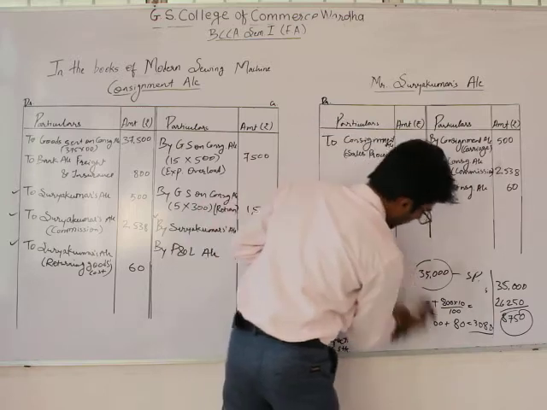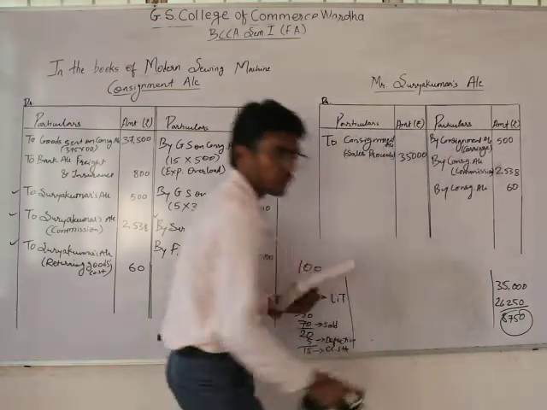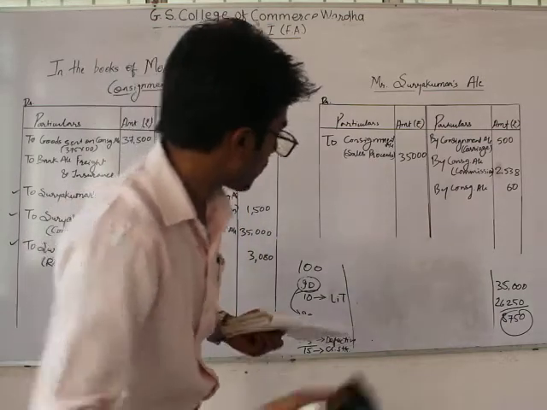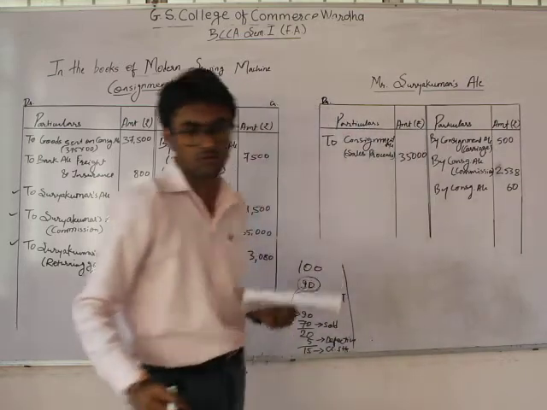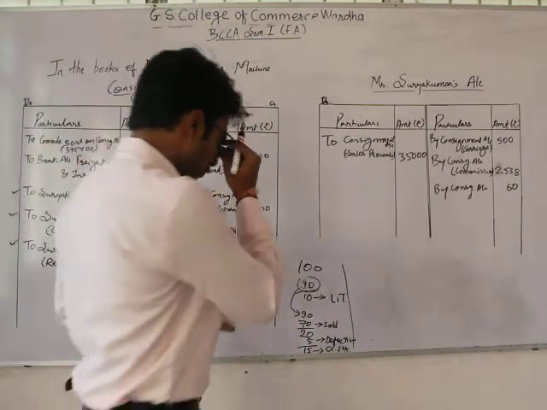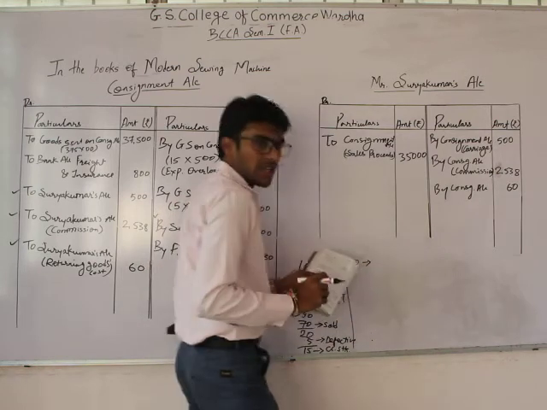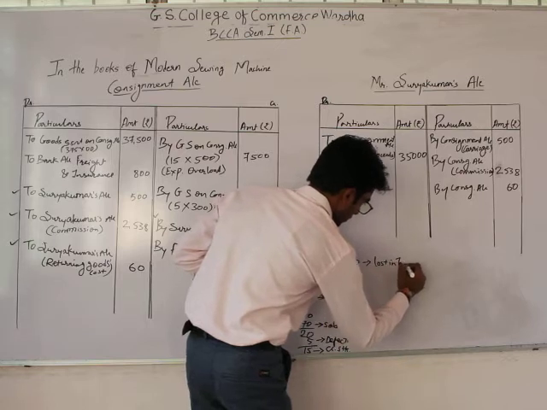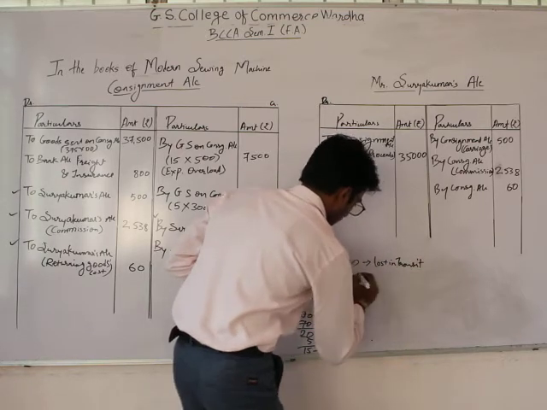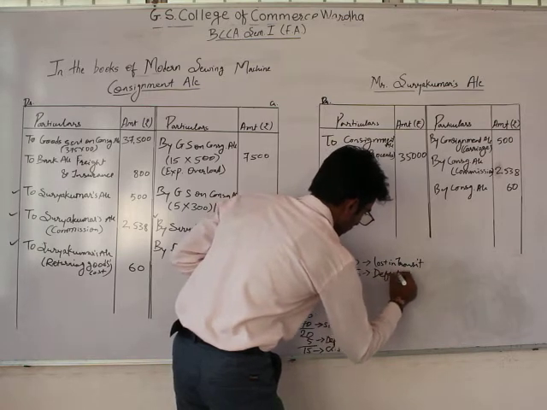That amount will be calculated for the 15 units which we have lost. So we have lost 15 units, so we are calculating that amount for 15 units. So for 15 units, 15 means this 10 units lost in transit, and 5 is for defective pieces.